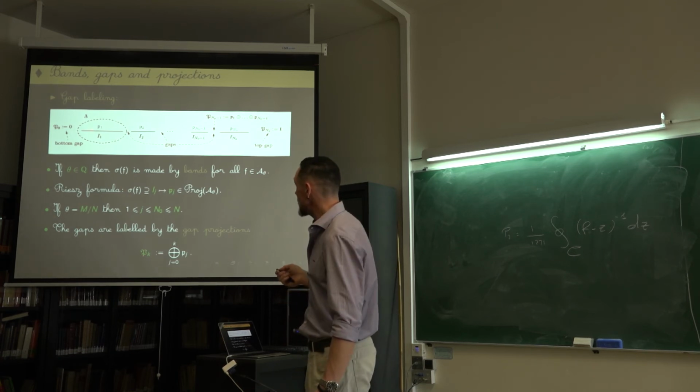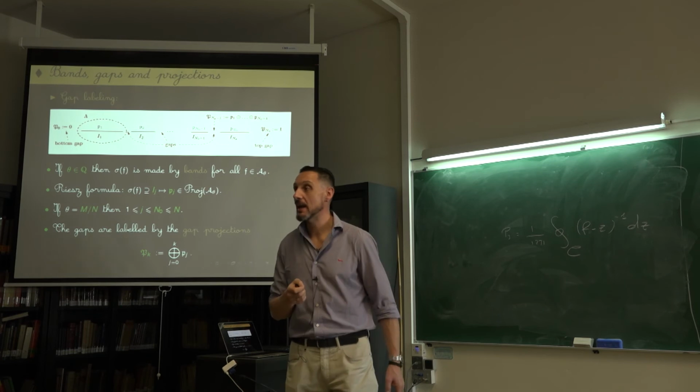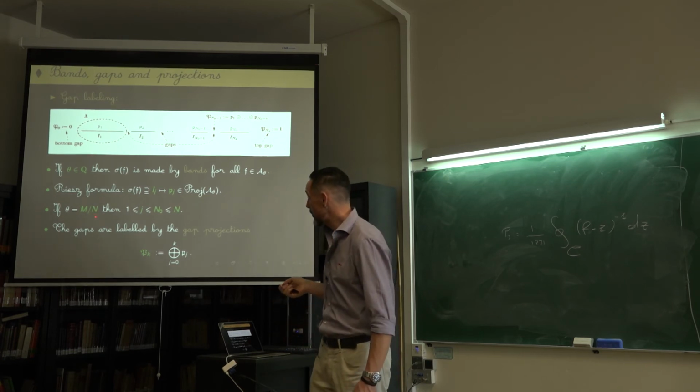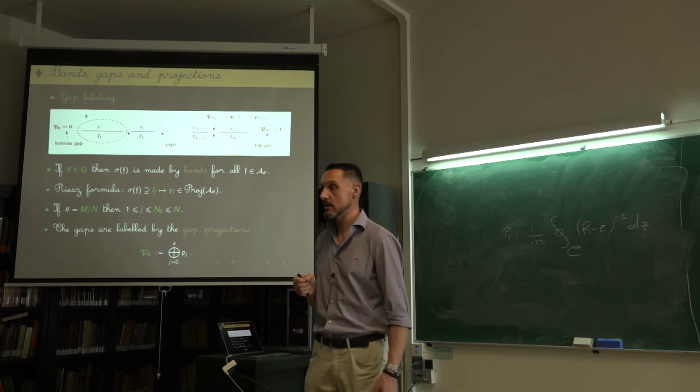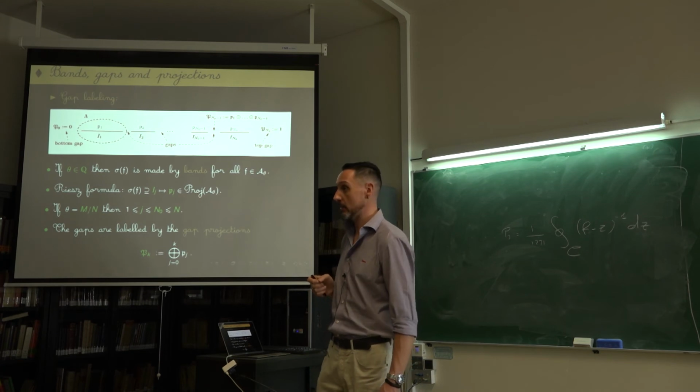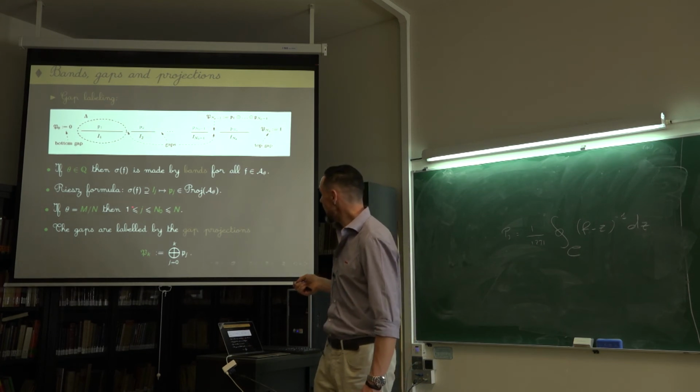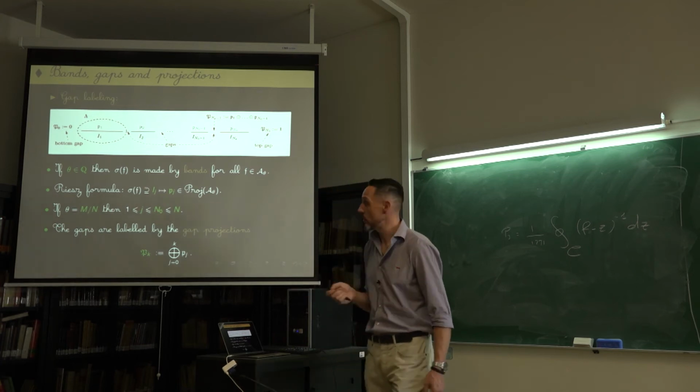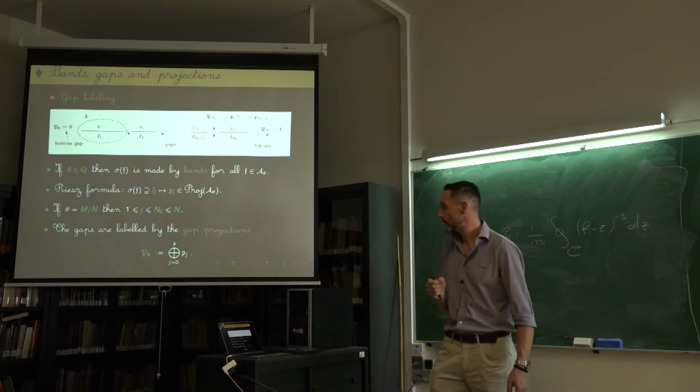The number of bands cannot be bigger than n, the denominator of this parameter theta. It means that I can label these energy bands with a number which goes from 1 to n0, where n0 is not bigger than n.